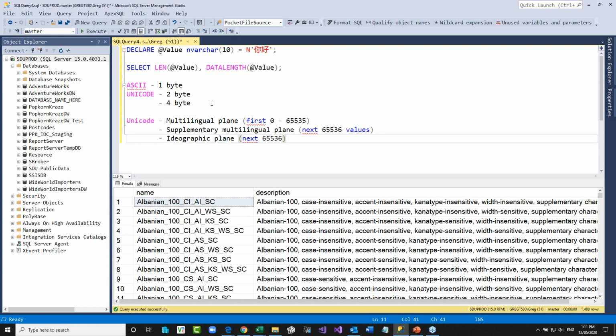Now, the problem that this has caused over the years is that if you look at the 2-byte characters in Unicode, people used to go, I don't need those other characters, so they'd make the database just be varchar. They'd say, I don't want to use twice the space to store things.